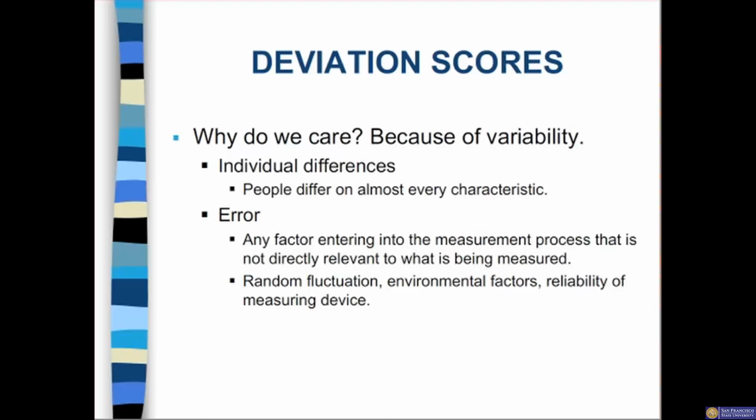It can be due to environmental factors, something we didn't account for, or when we collect data in one setting, it's different from another setting. Or the device that we're using to measure something may be unreliable. It's not a good tool that we're using. So there could be variability in terms of error, something that we're not intending to capture.